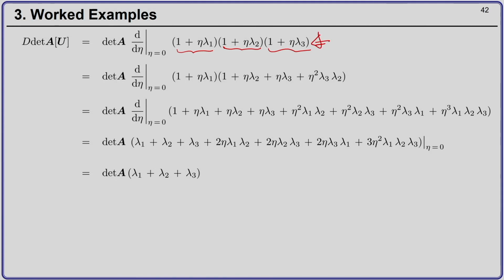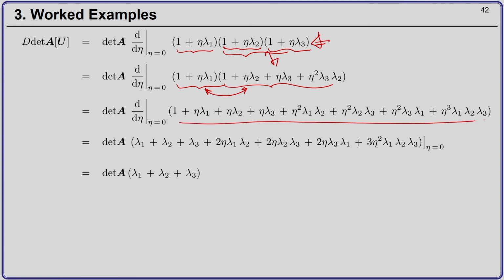Now we can open up the brackets. You open up the first two brackets, you get this quantity, and then you multiply this bracket with the other bracket, and you end up with this expression: 1 plus, so you have a constant term, a linear term in eta, a quadratic term in eta and a cubic term in eta.